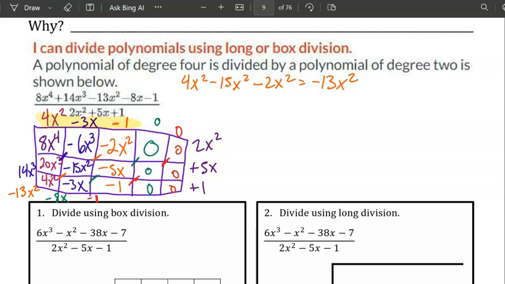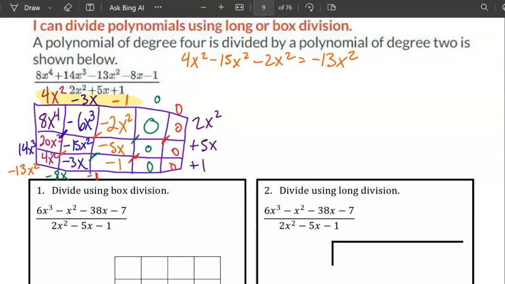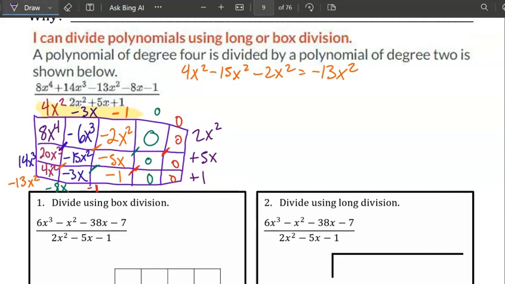That's the box method. Now let's do the long division method. So we'll start by drawing the long division sign.